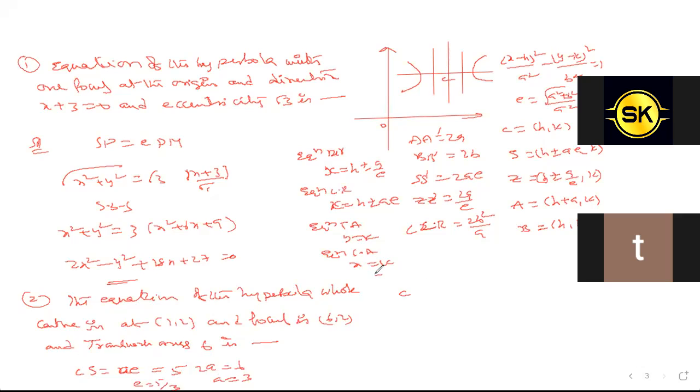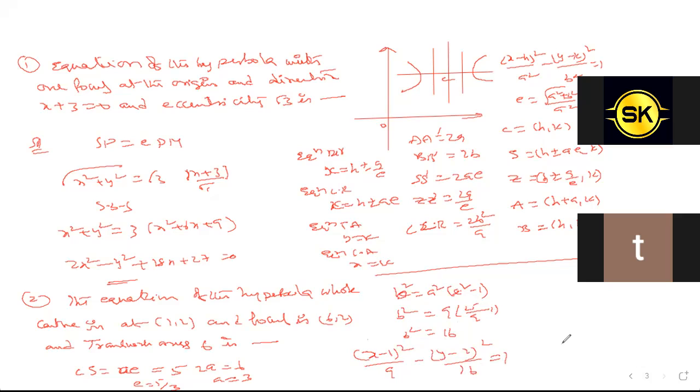Then b square is equal to a square into e square minus 1, which is 9 into 25 by 9 minus 1, so b square becomes 16. Once you have all this, you can write the equation with center: a square is 9, and the equation is (y minus 2) whole square by 16 is equal to 1. Is it clear?